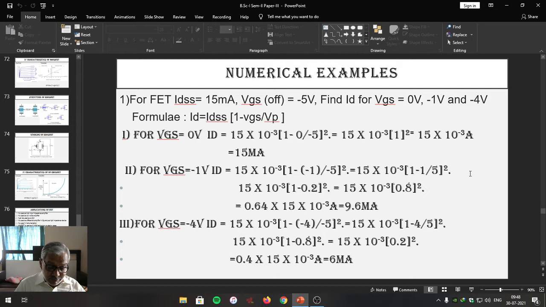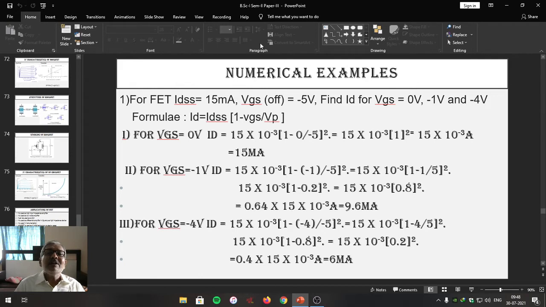And last one is amplification factor, which is the ratio of delta VDS upon delta VGS. You have to also remember one more formula, and that is the relation between FET parameters, mu is equal to gm into rd. These formulas will help you to solve the numerical examples which are likely to be asked on the topic known as field effect transistor.